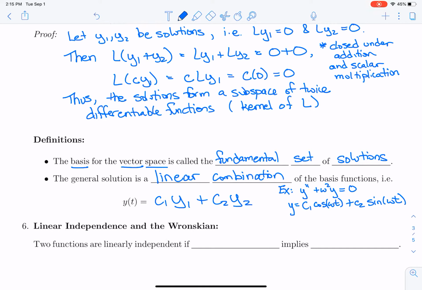Well, that requires me to know that the cosine and sine functions are linearly independent and that they span the space. So let's talk about how we would show that two functions are linearly independent.